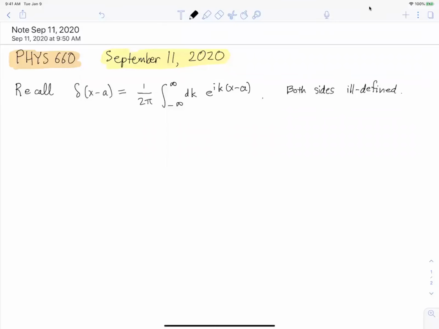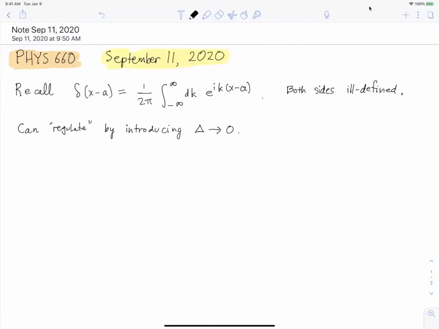So one way to make sense of this is to do what's called regulation of it. So we can regulate by introducing yet another parameter that I'm going to call capital delta. And capital delta is something that we're going to take to 0 in the end.